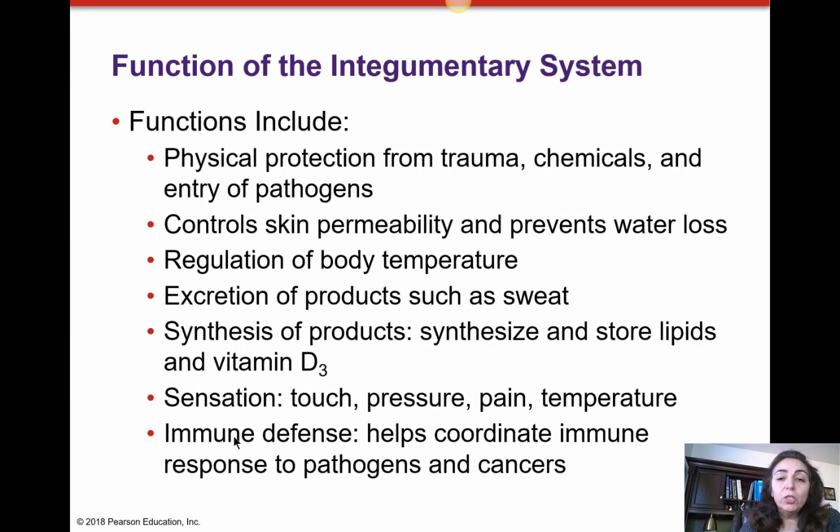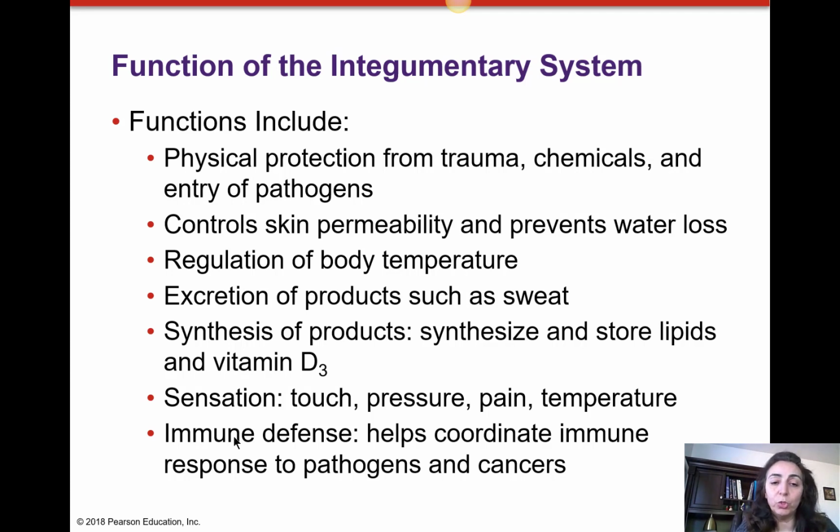So, the functions of the integumentary system as a system. Physical protection from trauma, chemicals, and entry of pathogens; that's because of the skin. Control of skin permeability and prevention of water loss. Otherwise, we would have to drink water every minute instead of every hour, right?